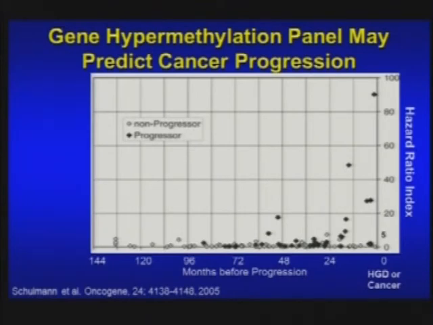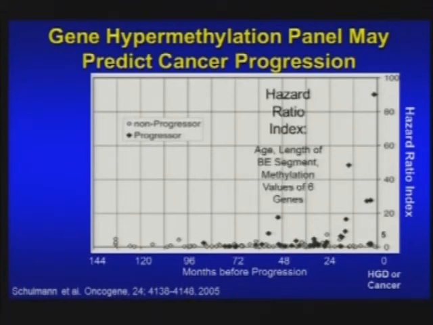So in this study, they used a repository of clinical samples from Barrett's patients that progressed to high-grade dysplasia and cancer, and from Barrett's patients that didn't progress, so progressors and non-progressors. They used a hazard ratio index, and this index included clinical characteristics such as age and the length of the Barrett's segment. And then they did a methylation panel, and they looked at the methylation of 6 genes.